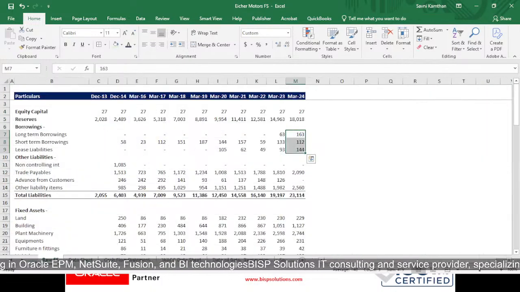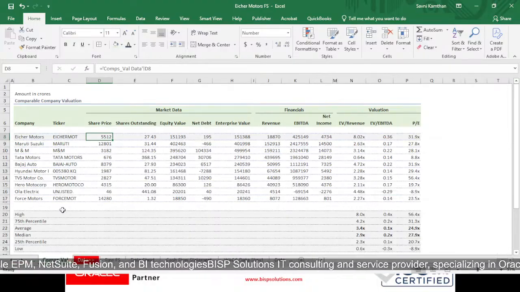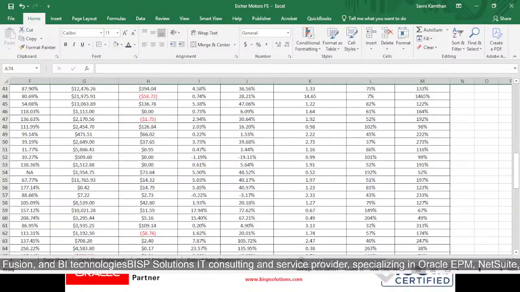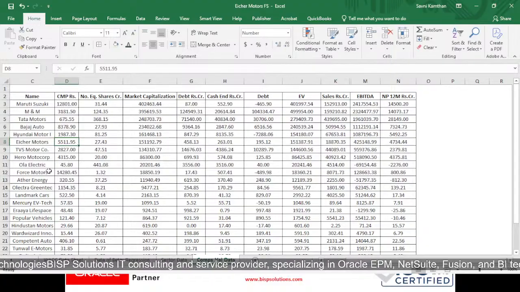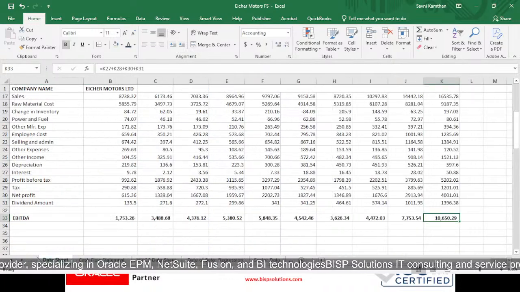First of all, they are asking us what the share price is. So we will go to this portion, and it is giving us this particular number of equity shares. CMP in rupees and number of equity shares are given over here.